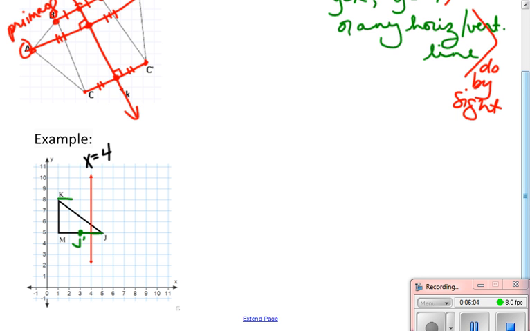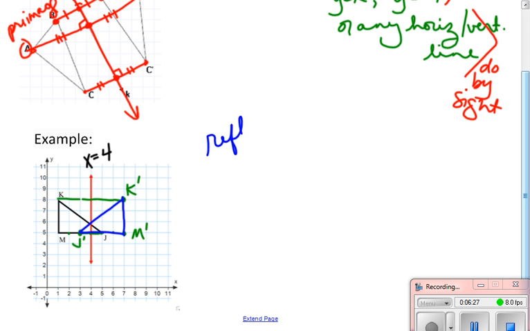K is 1, 2, 3 units. K prime will go 1, 2, 3 units. M is 1, 2, 3 units. M prime will be 1, 2, 3 units. And when you connect those points, you end up with the exact same figure.